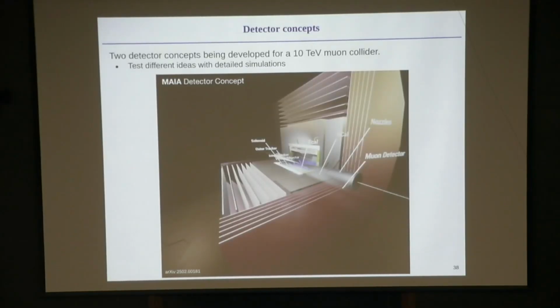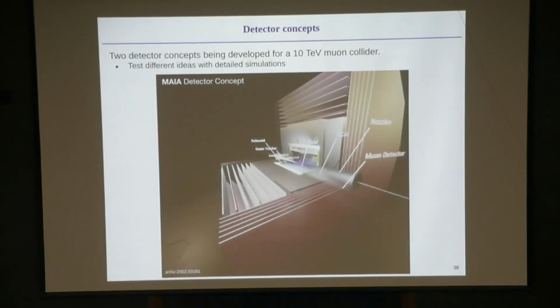In fact, there are already a couple of different detector instrumentation concepts that can work in a 10 TeV muon collider that have conceptual designs. This is one example. You see this is again the beam line, and this onion-like structure is a set of different detector technologies made to identify different final state particles from the muon-muon collisions, enabling us to do the measurements I mentioned at the beginning that we care about.